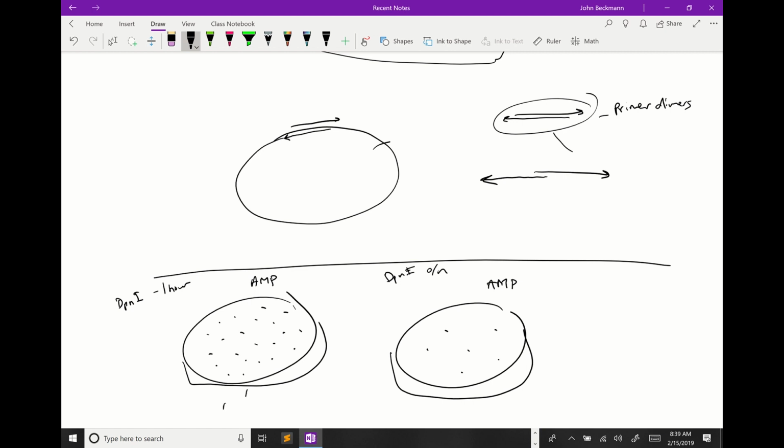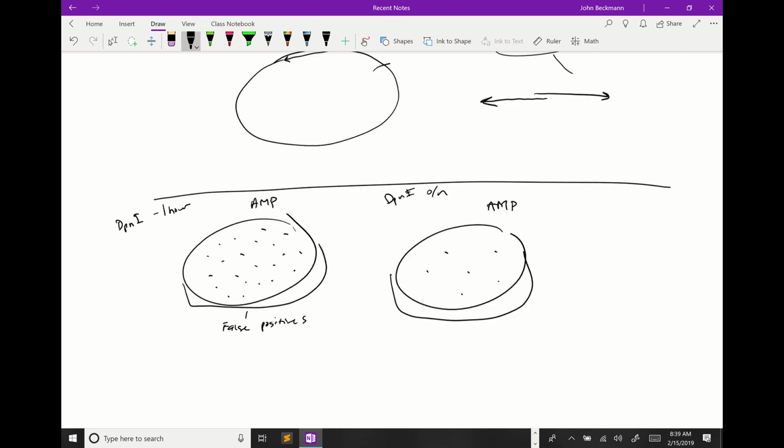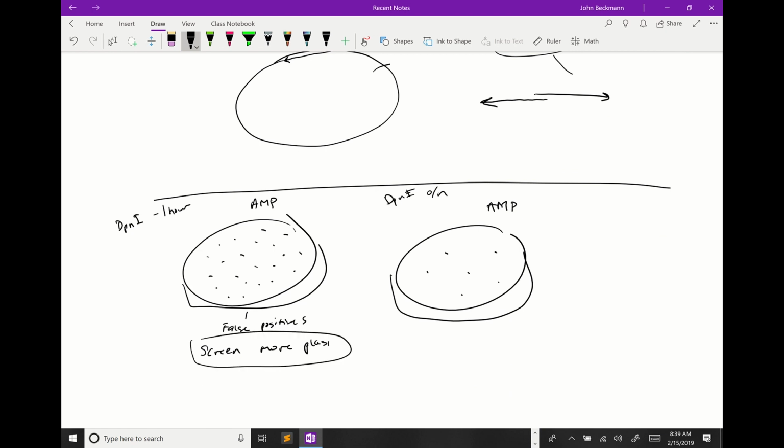And that means there's going to be a lot more false positives that did not get your mutation because they're just taking in leftover backbone. Okay? And that means you're going to have to screen more plasmids. With what technique would you use to verify Quickchange?